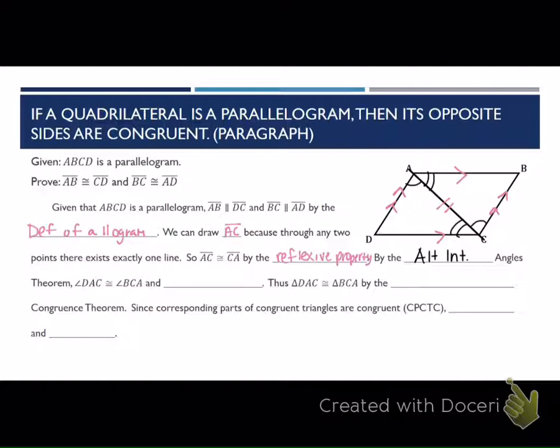So BAC is congruent to angle DCA. Thus, triangle DAC is congruent to triangle BCA by what?